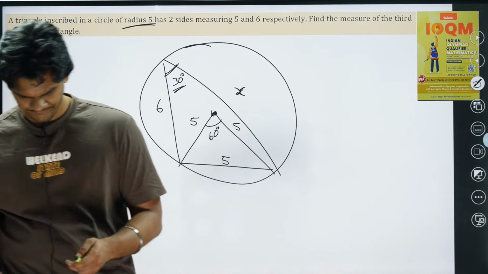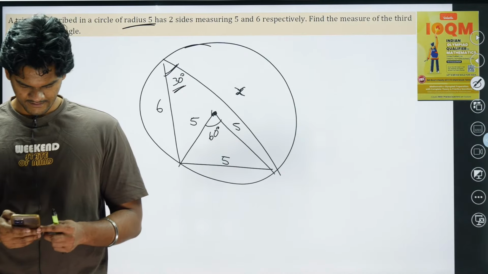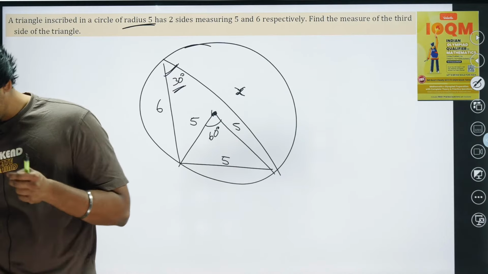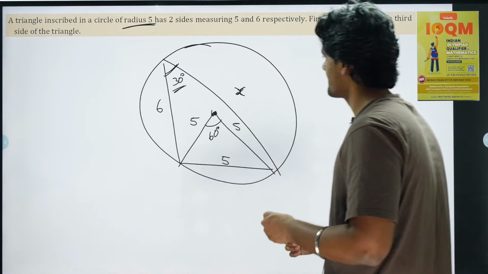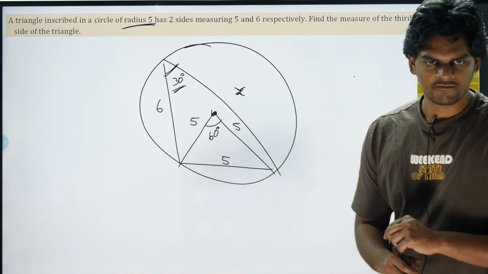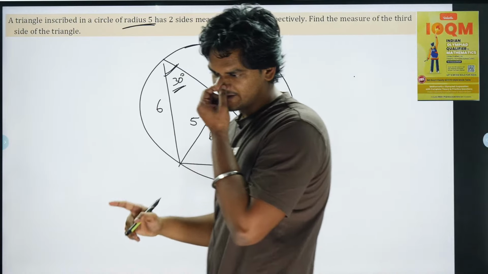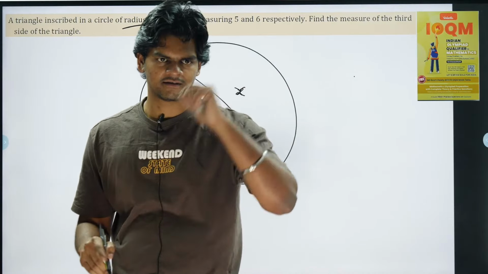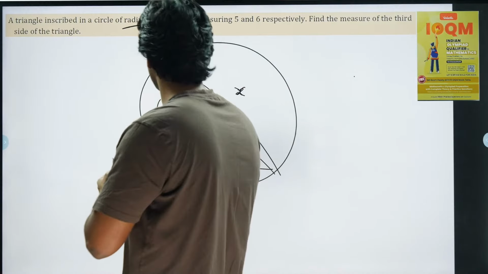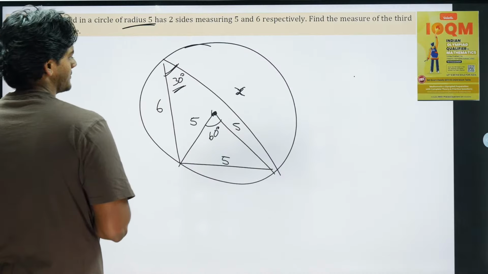Is that clear that it is 30 degrees? We have done this. I have done the proof. Maybe I'll clip it up and show it as a separate theorem. Okay.